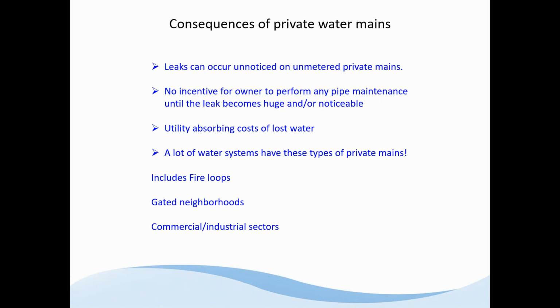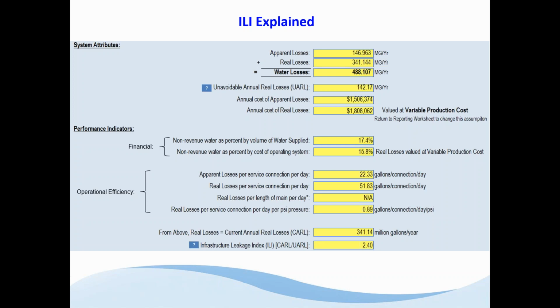I know a lot of normal municipal systems have private mains and sections that are not a part of their system that are unmetered. It includes fire loops, some of these gated communities, and commercial industrial sectors where factories loop their building with fire hydrants. All that stuff can go unmetered, and if it's leaking, it's costing you money.